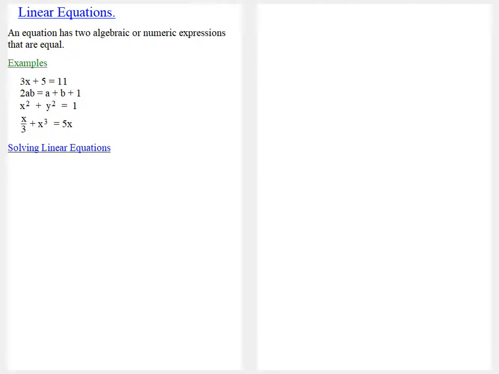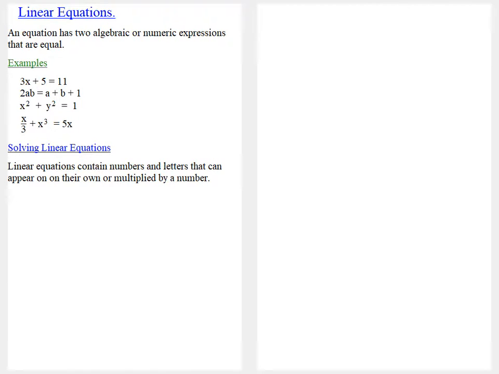Now at this stage we're going to concentrate on solving what are called linear equations. Linear equations contain numbers and letters that can appear on their own or multiplied by a number. They do not contain other terms such as x squared, x cubed, or the square root of x.